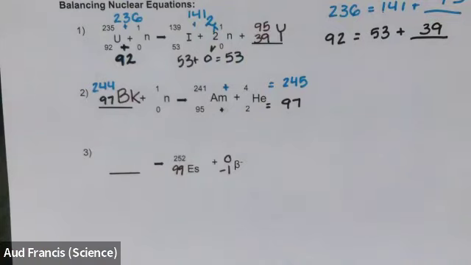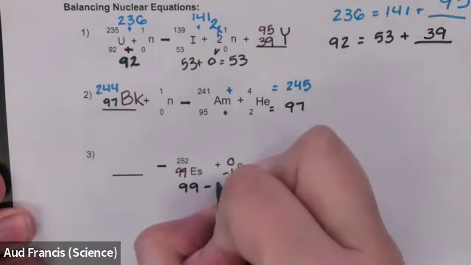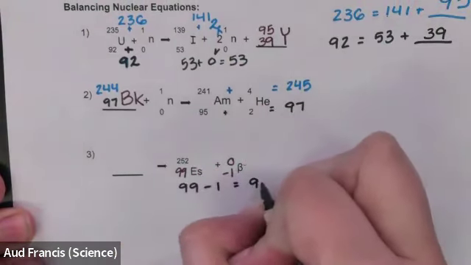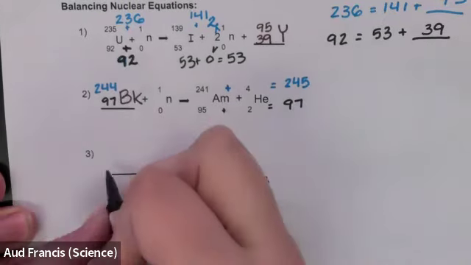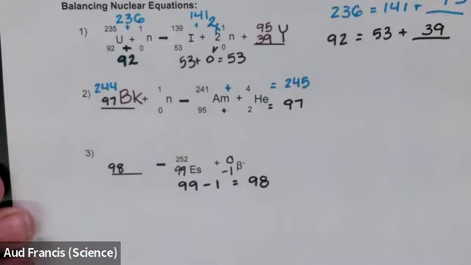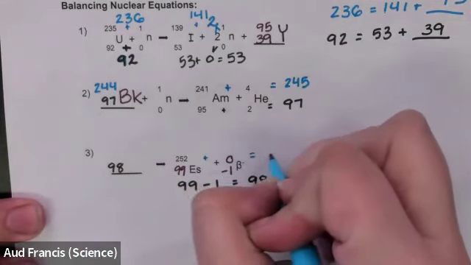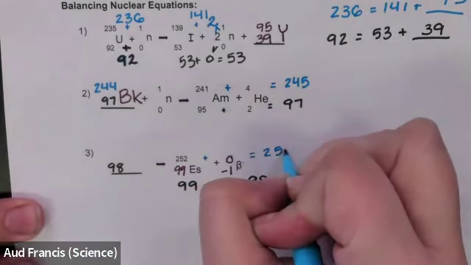Now that I have my values written in, I can actually go in and do the math here. So 99 subtract 1 equals 98. That's my atomic number, my reactant. And then 252 plus 0 equals 252.